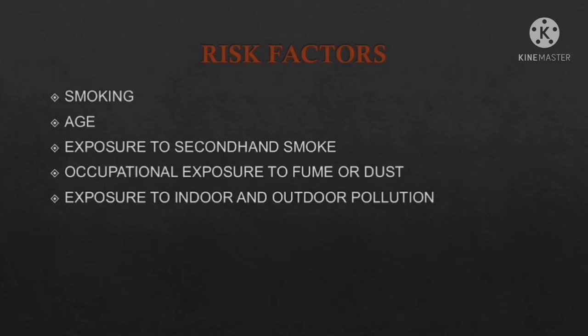Then we have the occupational exposure to fume and dust. If you breathe a fume from certain chemicals or dust from grain, cotton, wood, or mining products, you're more likely to develop emphysema. Now, last is the exposure to indoor and outdoor pollution.